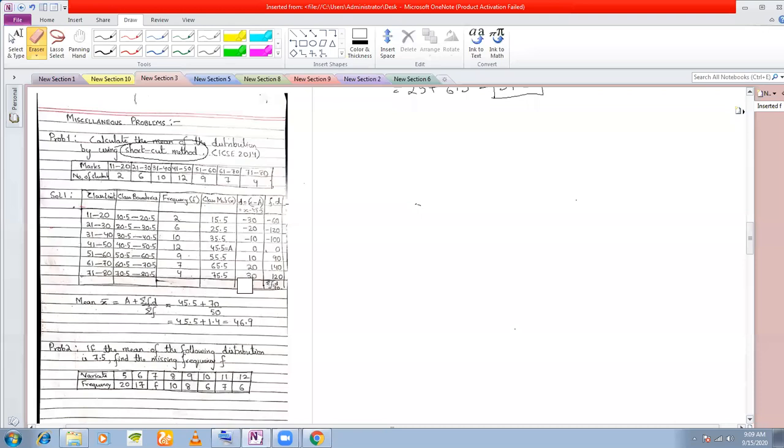Once you have done this, you know that the formula for mean according to the deviation method is: mean x bar is equal to A plus summation FD by summation F. So sigma FD and sigma F. That means you have to total. Sigma FD means the total of this column, the addition of all the FDs.